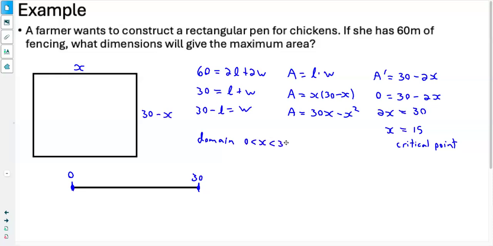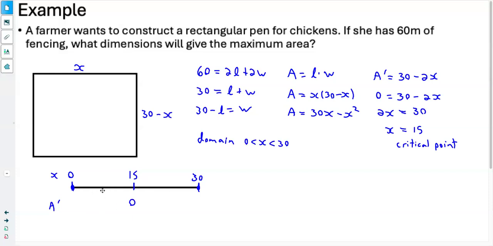Now we'll also put a critical point in there. And then we're using our A prime. So our A prime is 0 when we're at 15. So what we're going to do is look at what's happening to A prime before 15 and after 15.